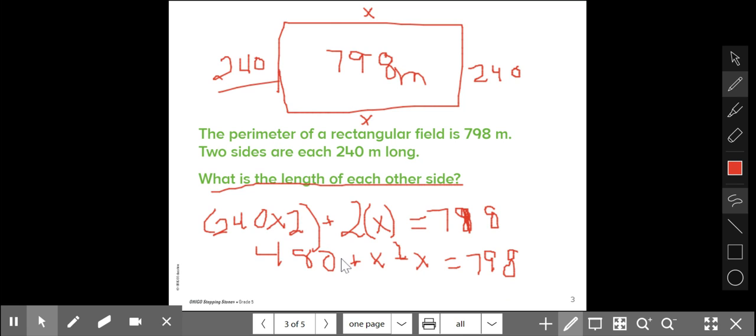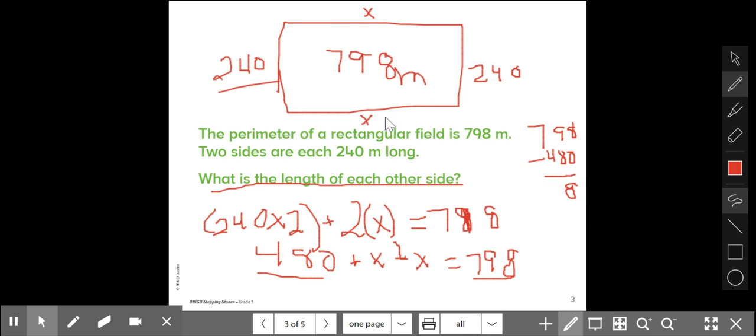Now I can do this. I want to find how much is left if I already know that two sides total are 480 meters. So I'm going to subtract this amount from this amount here. So 798 minus 480. That's going to give me the total amount.